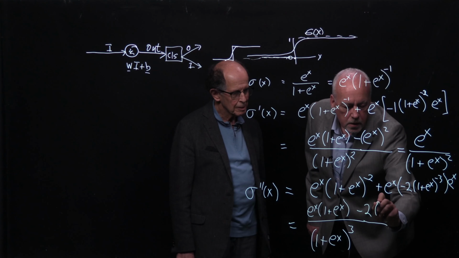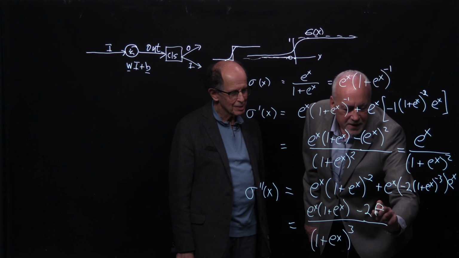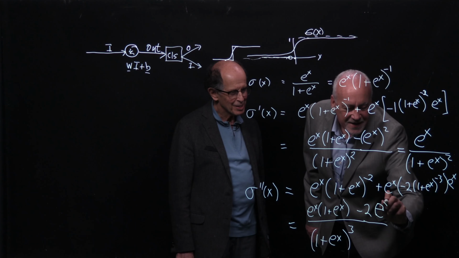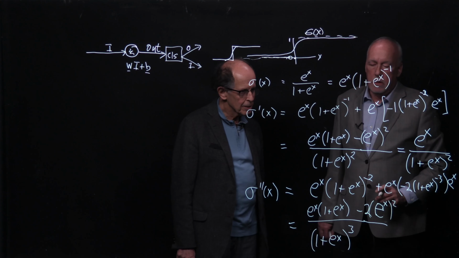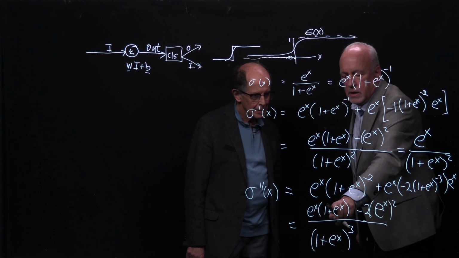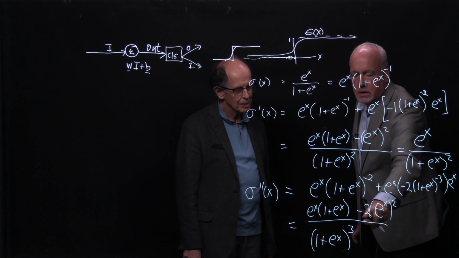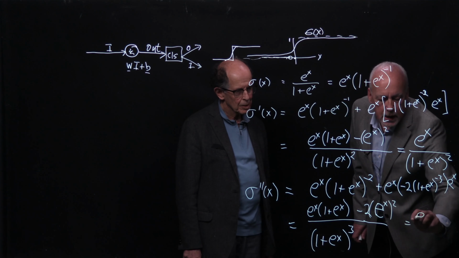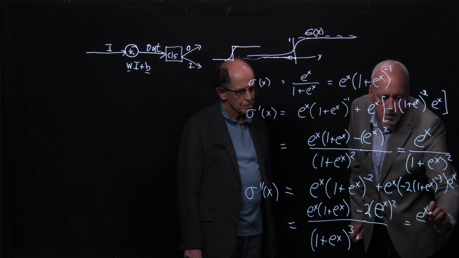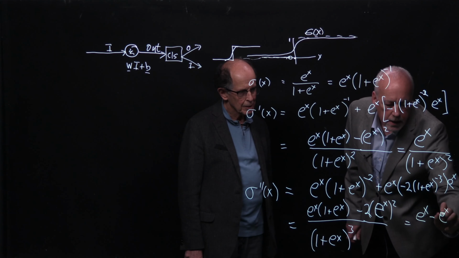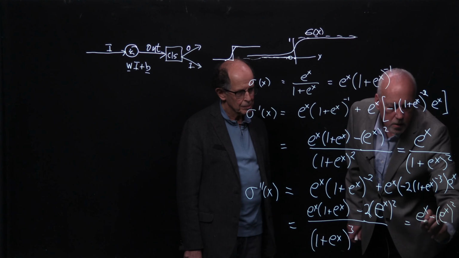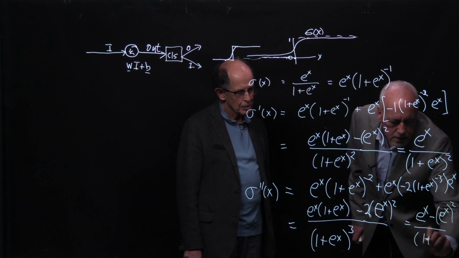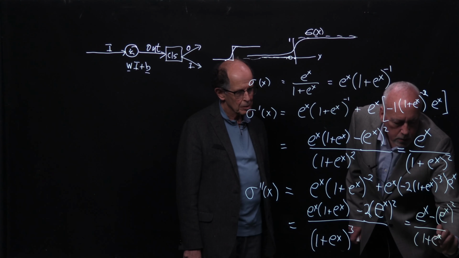And now what happens, this e to the x squared doesn't quite cancel because there's a 2. So what I get in the end is e to the x minus e to the x squared all over 1 plus e to the x cubed.